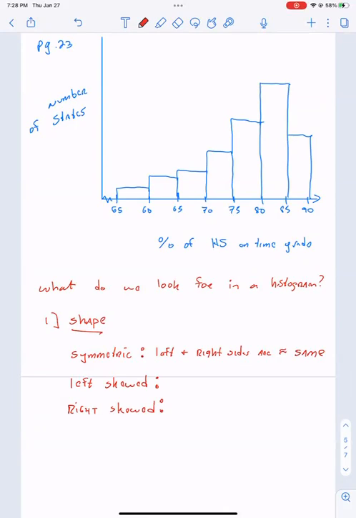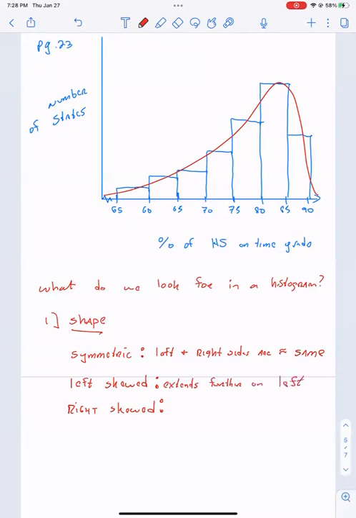Okay, if it's a tail on the left side, like ours is above, then we say that is left skewed. So a left skewed graph extends further on the left.